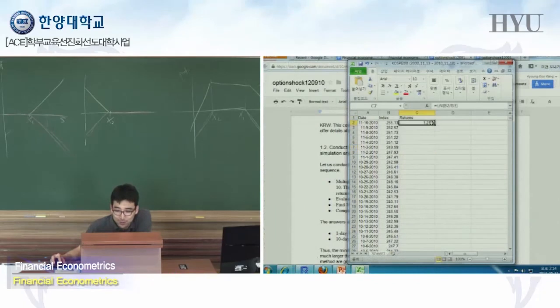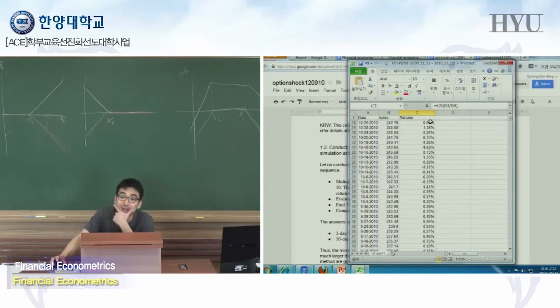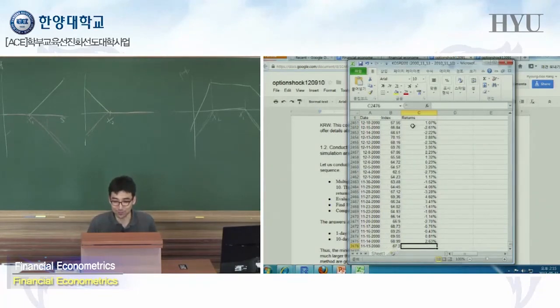Okay, 1.21%. So in this day, yesterday, the stock price went up 1.2%. The day before yesterday, the stock price went up 1.3%, something like that. So it is the history of daily returns for the last 10 years.